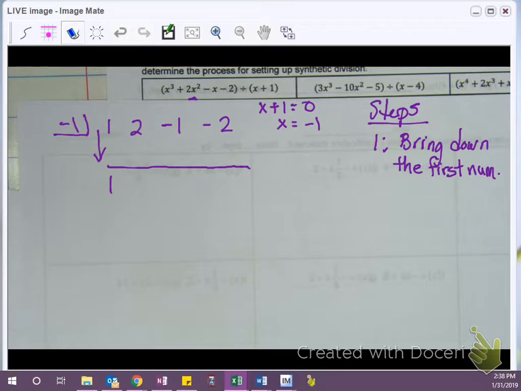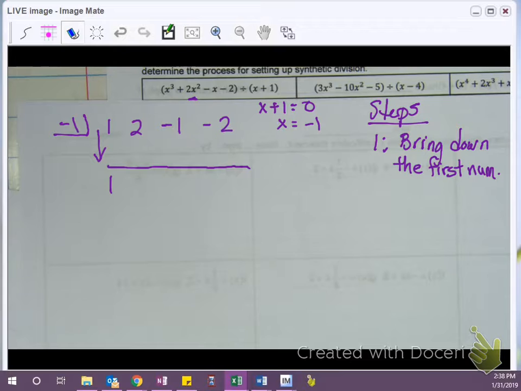Okay, I'm going to abbreviate number because I'm too close to the edge. First step, bring down the first number. Now, watch the screen. Everybody watch the screen.